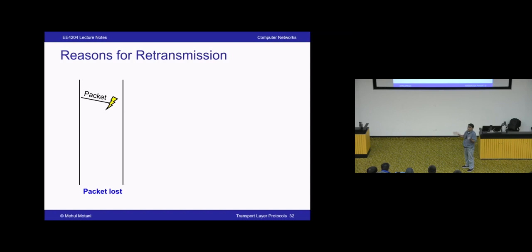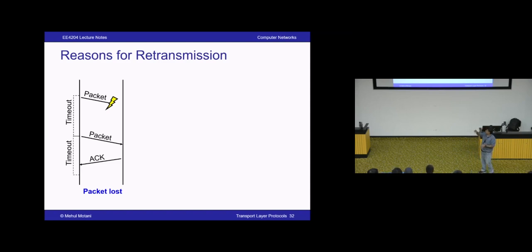Let's say that packet gets lost. Now, the destination is not going to respond. It didn't get the packet. So the sender is going to wait for a response, and it's not going to get one, and it's going to time out. Let's assume it set some timer. For the moment, forget how it set it.